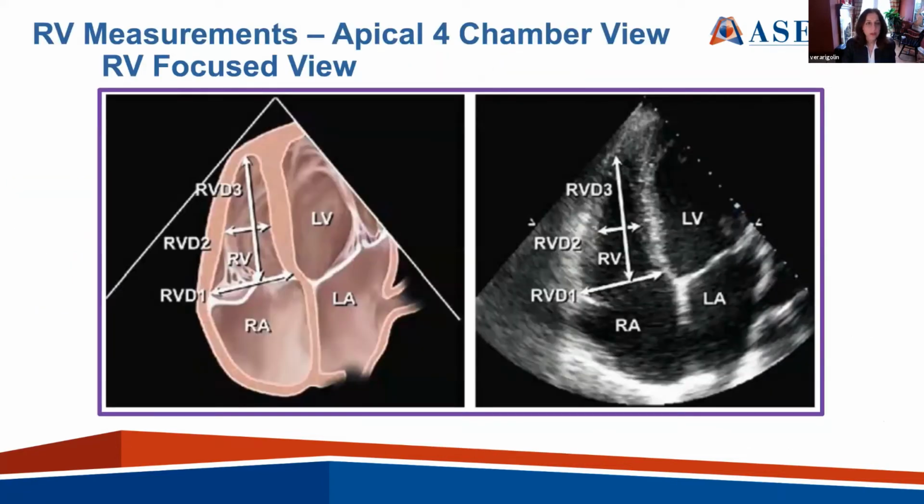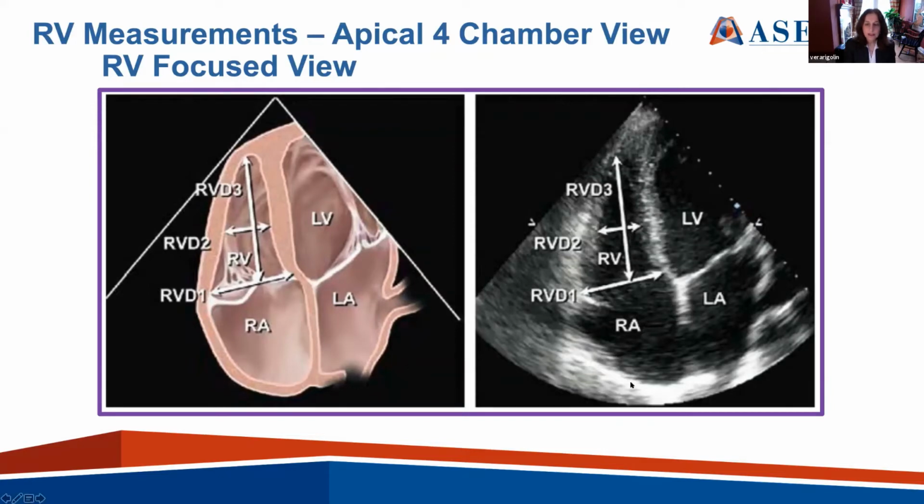So let's talk first about how to measure the right ventricle, keeping in mind some of the challenges that I outlined for you in the beginning of this talk. The first measurement, and the most common measurement that we do, is in the right ventricular focused view. A clinical image is shown on the right-hand side of your screen, as well as an associated cartoon on the left.